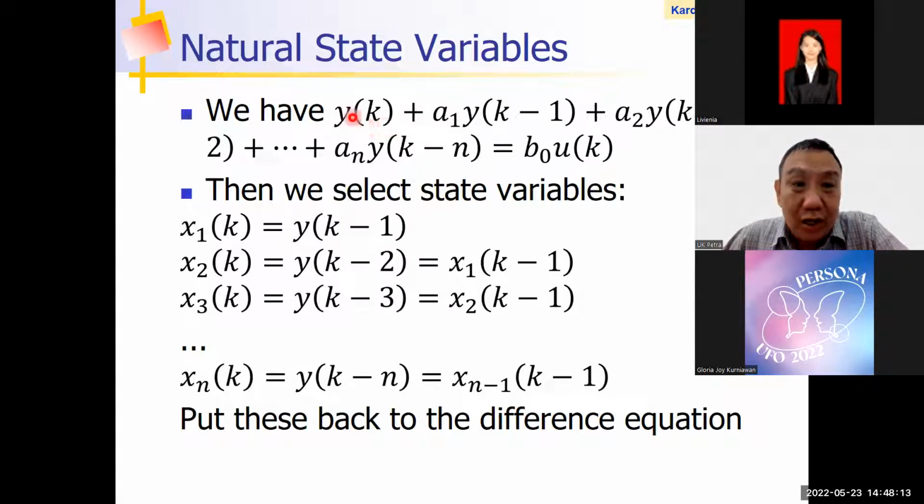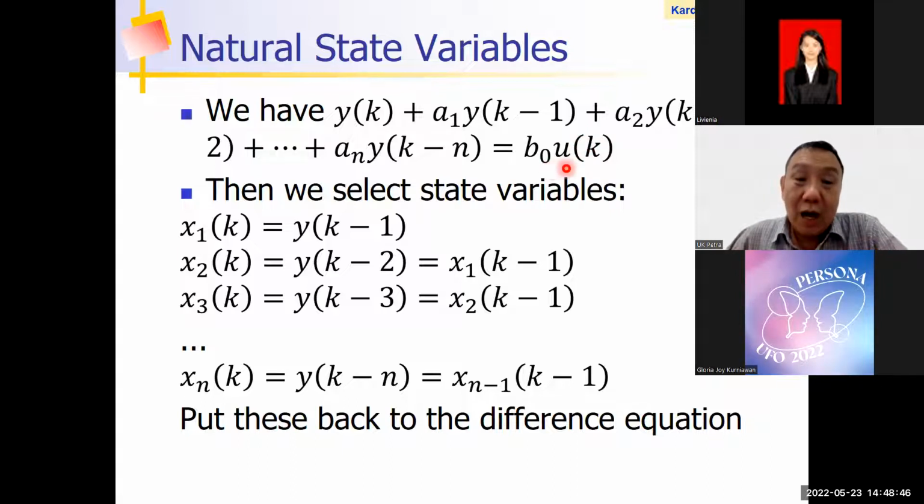Suppose this is your difference equation: yk plus a1, a constant, times yk minus 1, plus a2 yk minus 2, and so on until an times yk minus n, equals the force. Suppose the force is just a constant times uk. The force depends on the time.